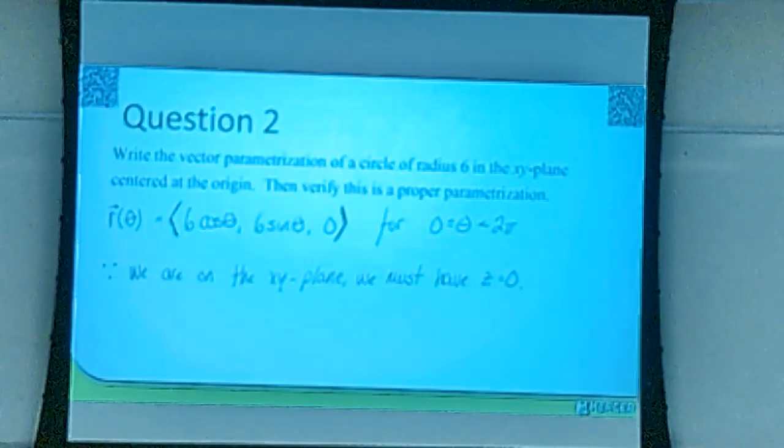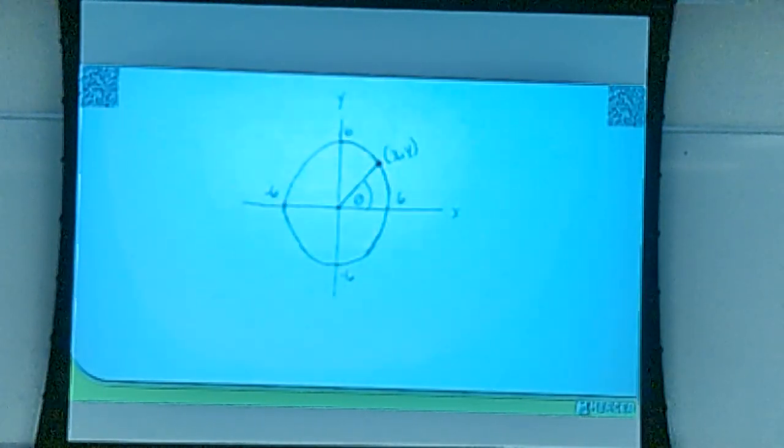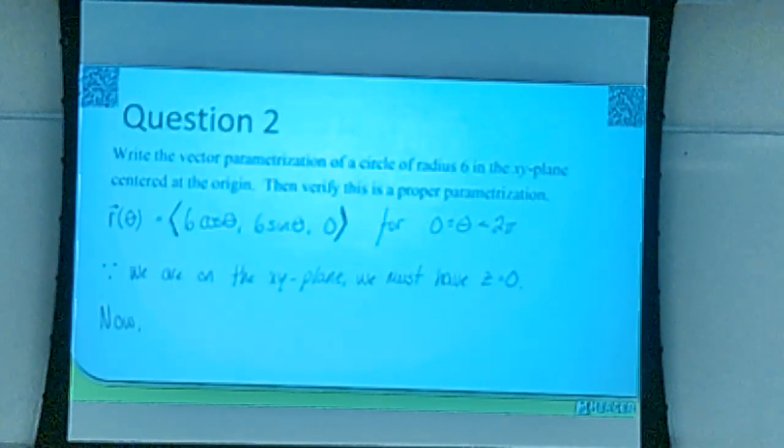Now, just to verify that what's remaining is a circle of radius 6 centered at the origin, what's the equation for that circle? What's the relation? x squared plus y squared equals 36. When we plug that into that relation, we better get 36.